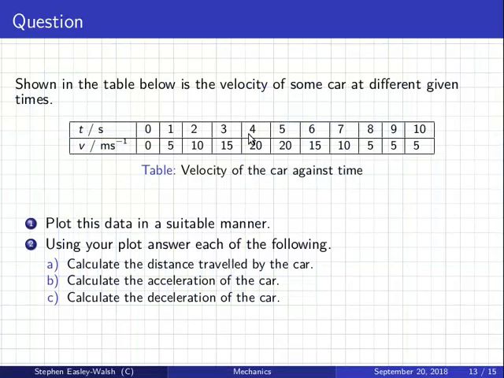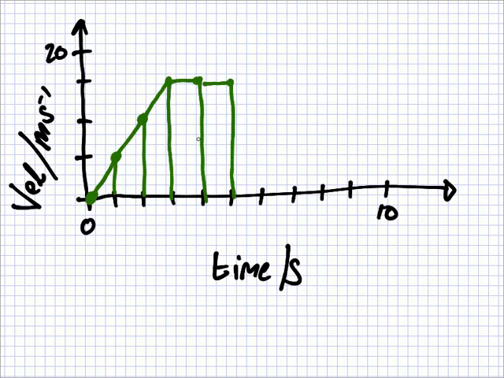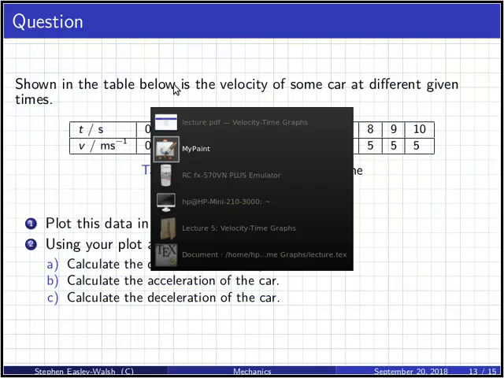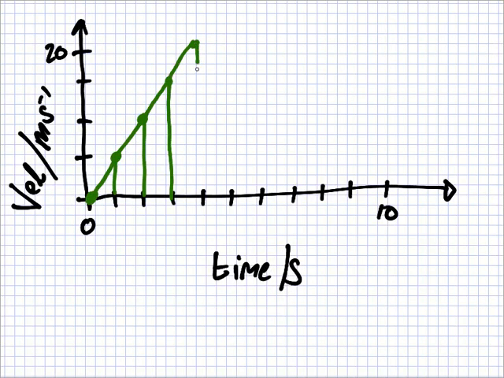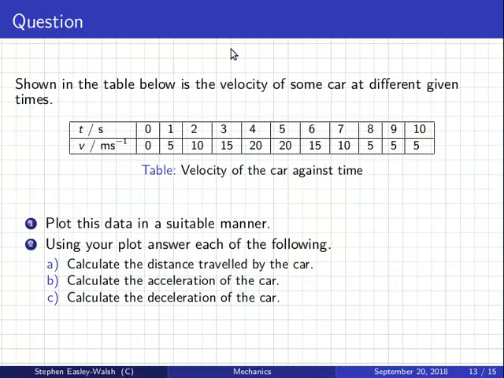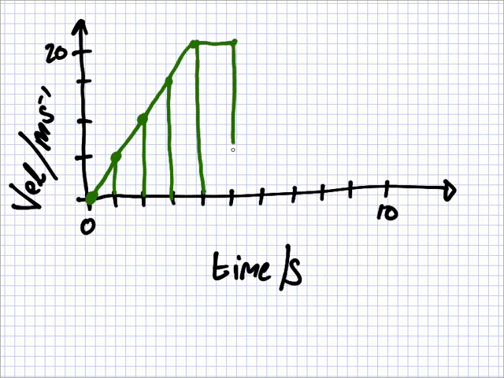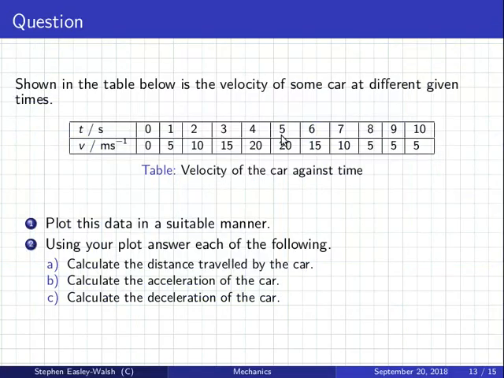I'm just going to scroll one up. Did I get it wrong? Oh, sorry, yeah. Thank you. Goes up to 20. So I'm up here, isn't it? And then stays at 20. And then, where am I at? 15, 10, 5, 5, 5.